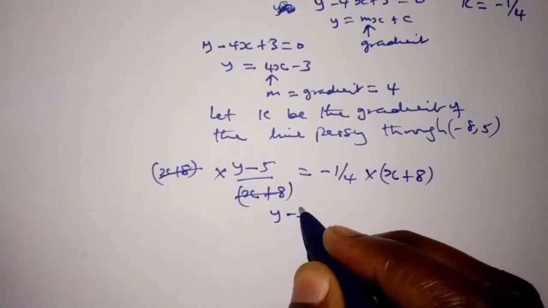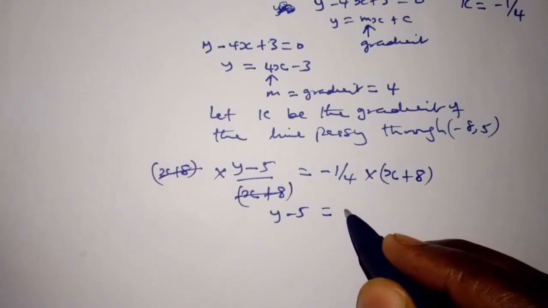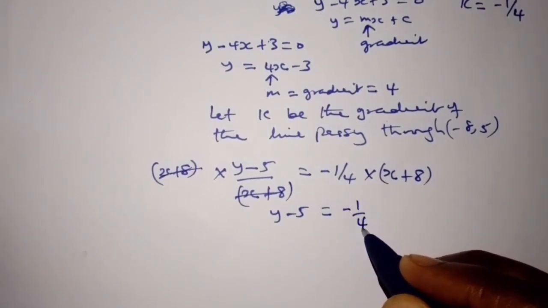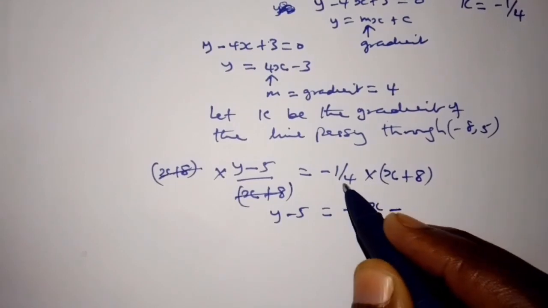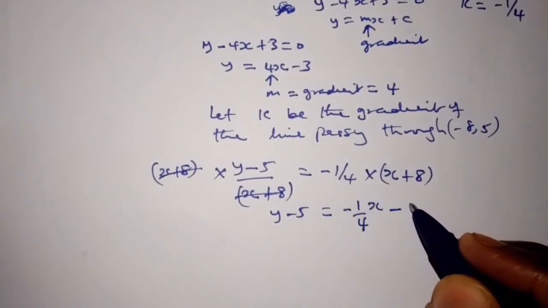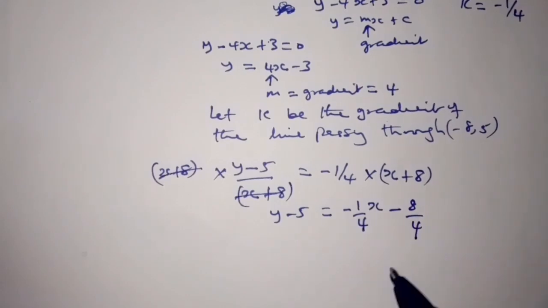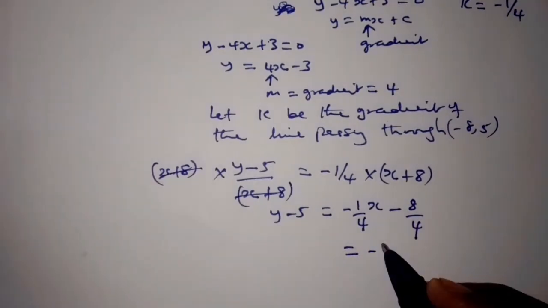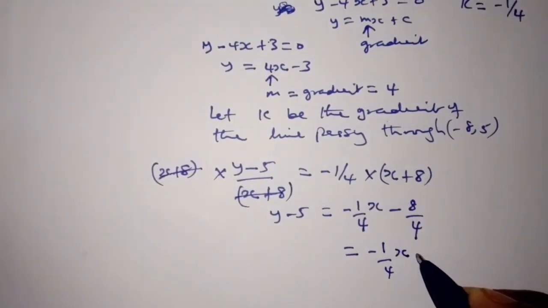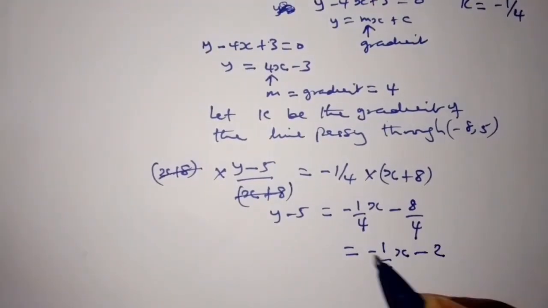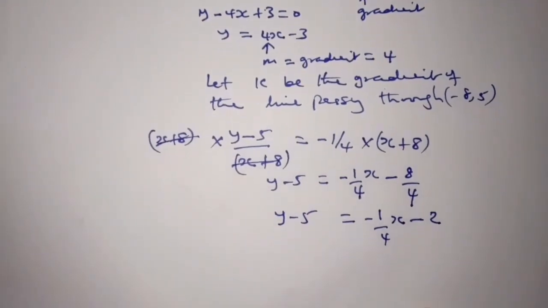Y minus 5 is equal to negative 1 over 4 x minus 8 over 4, which is negative 1 over 4 x minus 2.